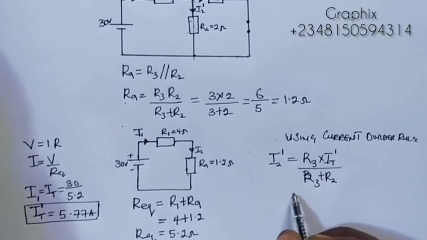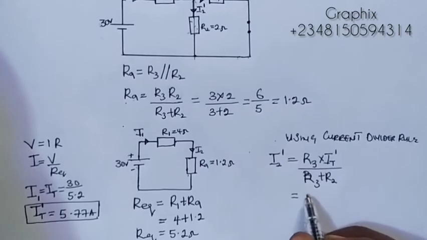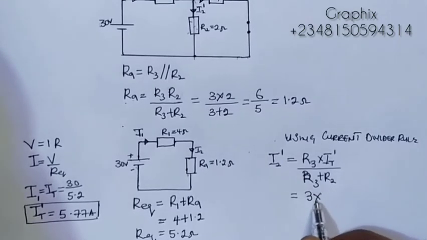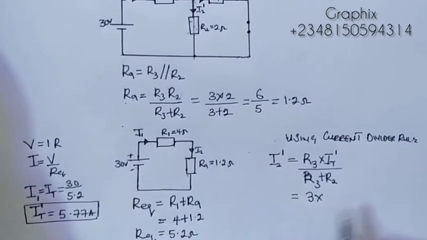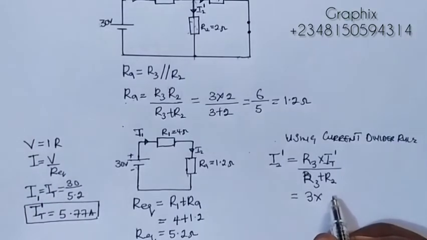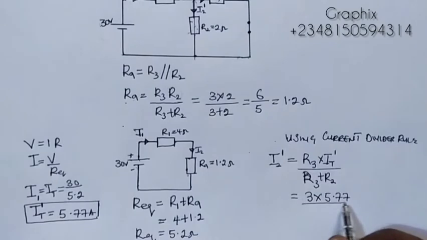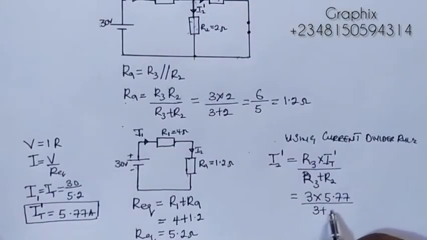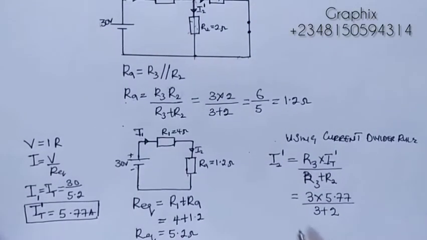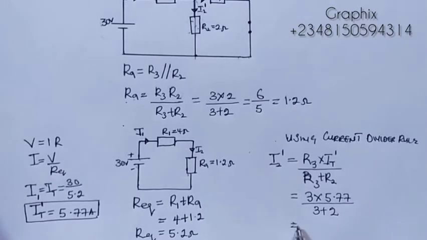So if we put in our values, R3 is 3 multiplied by I total, which is 5.77, all over 3 plus 2. From here, this will give us 3 times 5.77.